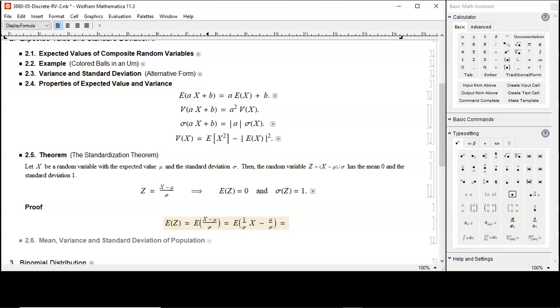Let's see, did I manipulate correctly? All right. And then I can apply this one, right? So this is 1 over sigma times the expected value of x minus this one, just that.